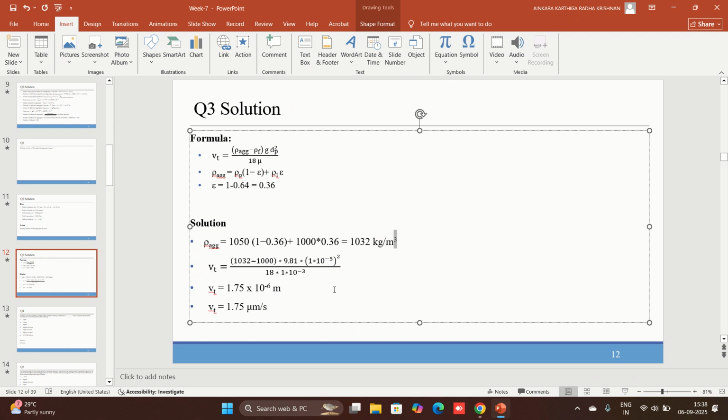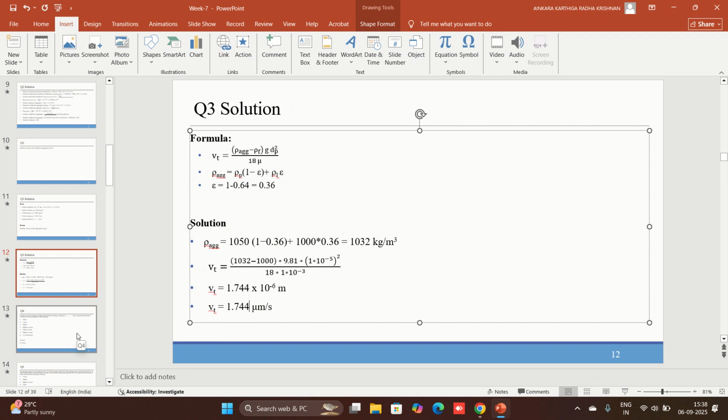If we calculate, we get 1.744 into 10 power minus 6 meter per second, or directly 1.744 micrometer per second.